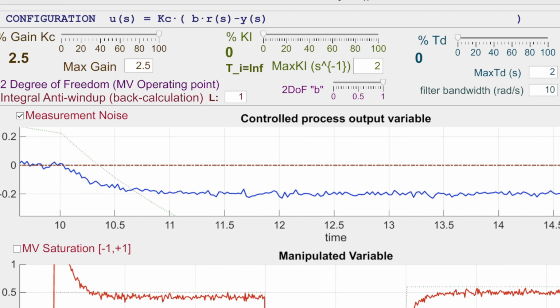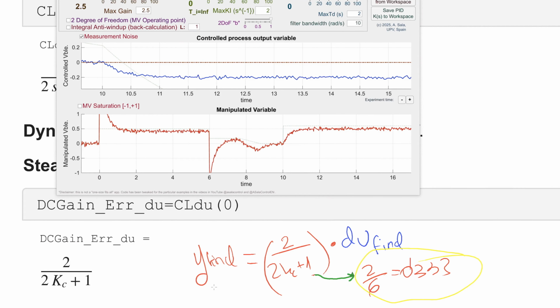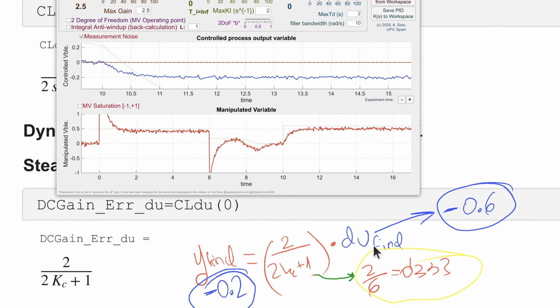So with this observation, I can assert that minus 0.2 divided by 1/3 means that the final value of the input disturbance must have been minus 0.6 units.